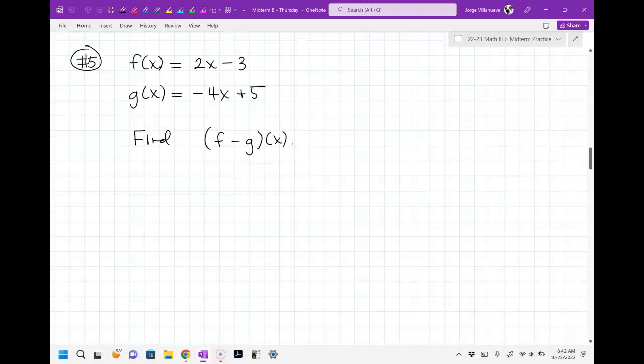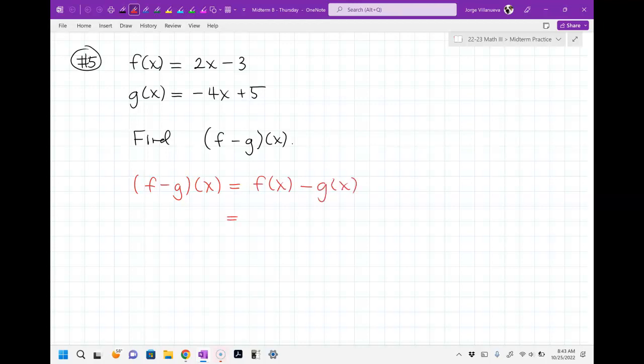All right, this one. This was a function operation section, okay, where they want you to add or subtract or multiply them. So this one right here, they want us to subtract f of x minus g of x. Now remember, f minus g of x is the same as saying f of x minus g of x.